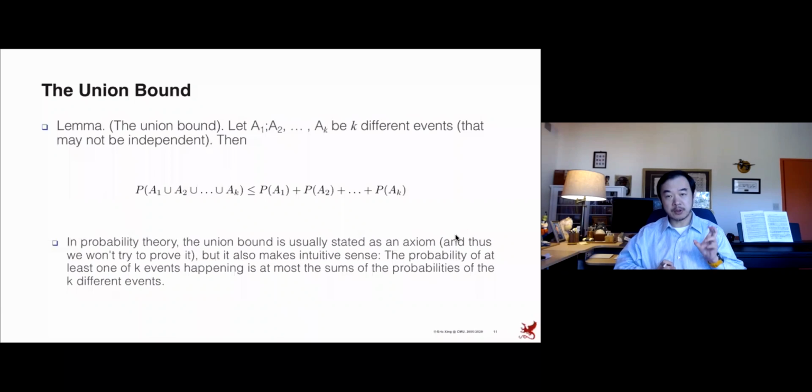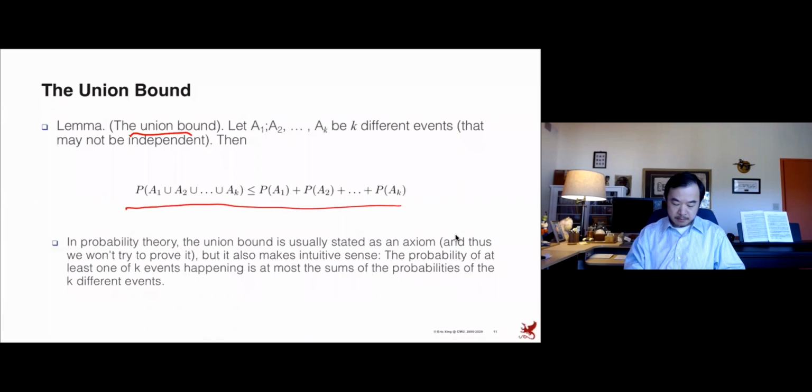So here I'm going to introduce two very important lemmas. One is called the union bound. It basically characterizes the probability of a certain event happening by some simple notion of the individual probabilities of every event.